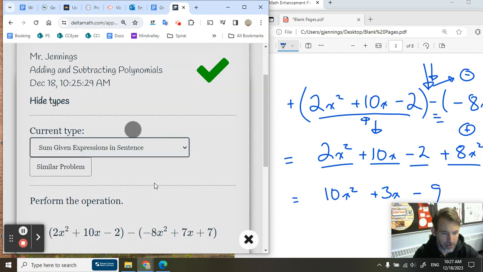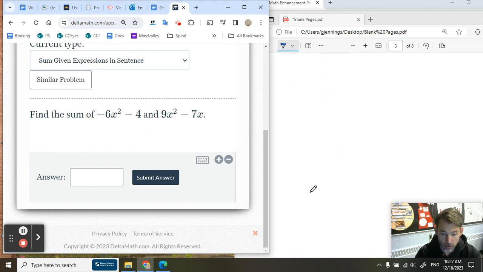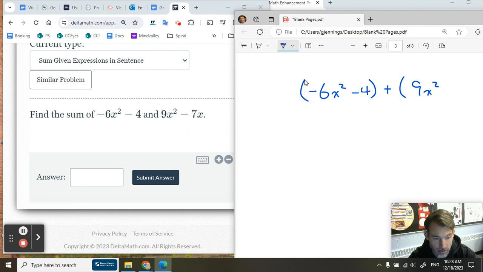Now, there's these questions in here that are a little challenging. Find the sum of this. All that's asking you to do is go from a sentence and write out your math sentence. So I want to take minus 6x squared minus 4 and sum or add it to 9x squared minus 7x. And then I'll get 3x squared minus 7x minus 4.